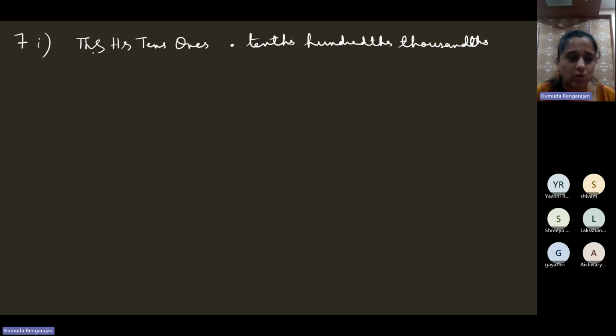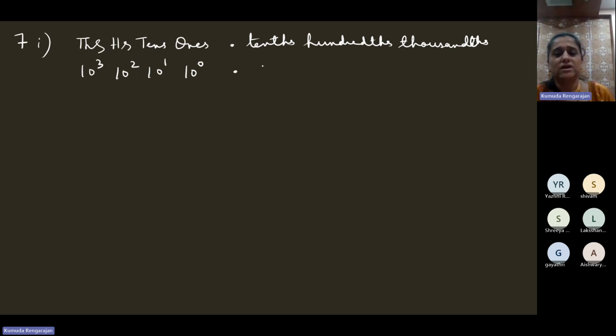So this one is 1000, which is 10 cubed. 100, which is 10 squared. 10, 10 to the power 1. 1, 10 to the power 0. Anything to the power 0 is 1. So ones is 10 to the power 0. The tens place is 10 to the power 1. Hundreds 10 to the power 2. Thousands 10 to the power 3. Because 10 cubed is 1000, 10 squared is 100, 10 to the power 1 is 10, and 10 to the power 0 is 1.